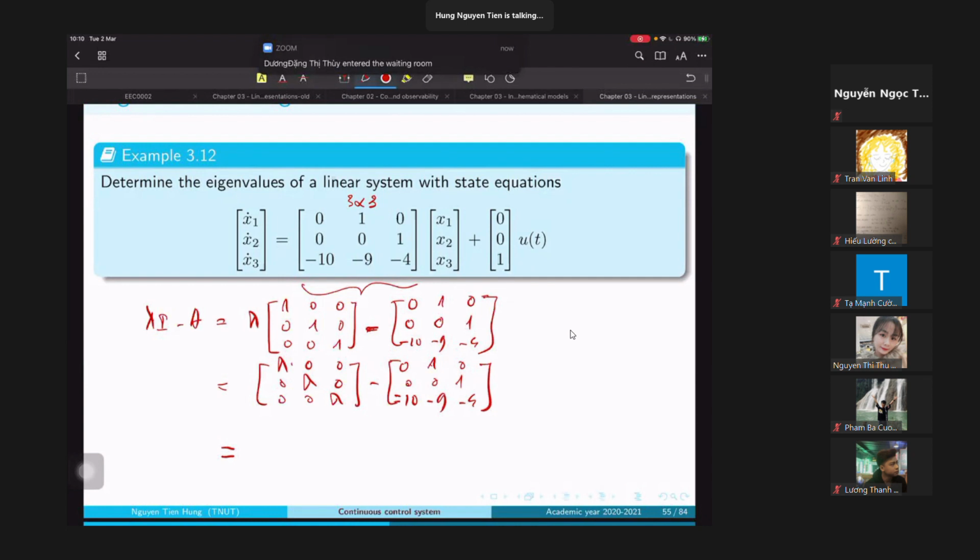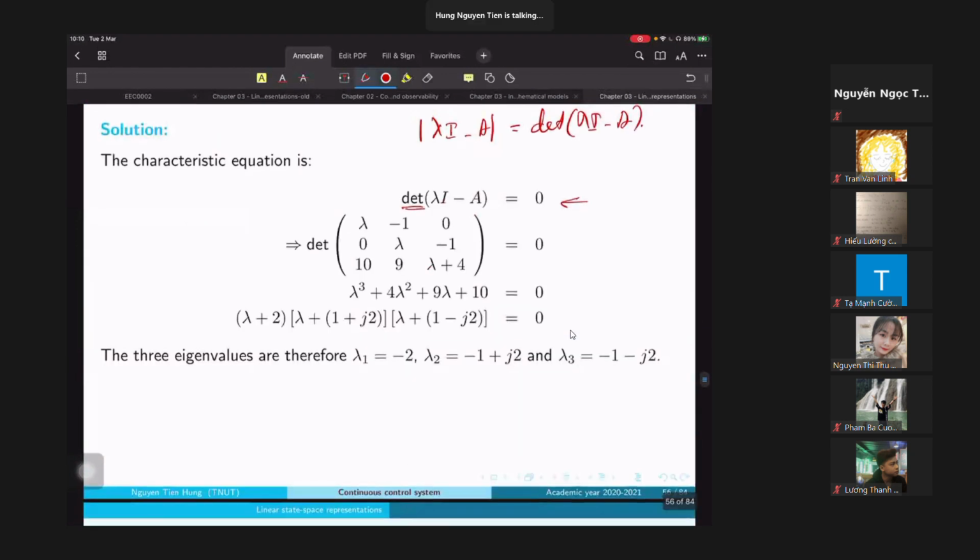We subtract this matrix from this, so actually we subtract all of their elements. So we got lambda minus 0, we still got lambda, 0 minus 1, we got minus 1, and so on. And finally, we got this.